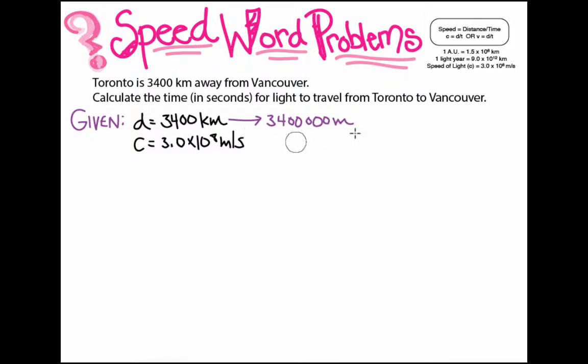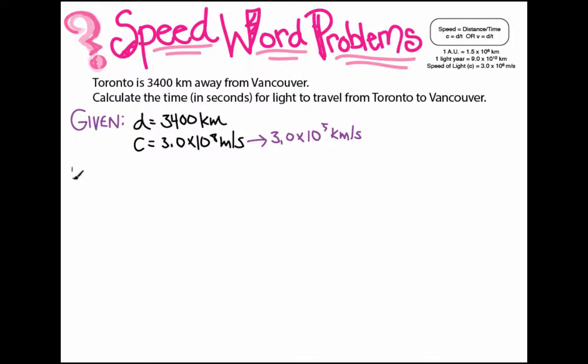Or alternatively, you can convert the speed of light, 3.0 times 10 to the power of 8 meters per second, into kilometers per second, which would be 3.0 times 10 to the power of 5 kilometers per second. If you're not quite sure how to convert from kilometers to meters, make sure you watch the video on conversions.